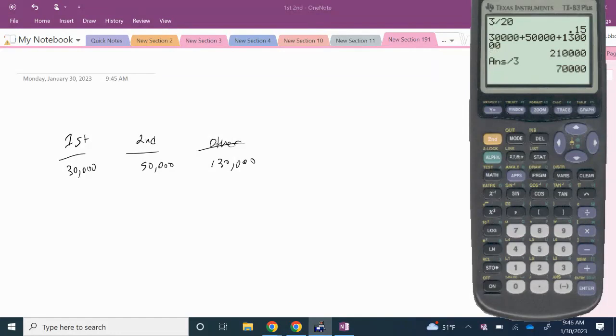So you get a mean of about $70,000, right? That's the mean. Now, this could be kind of misleading, because when you start out, I don't really think your first year you're going to start with $70,000. It depends on how bad they need.